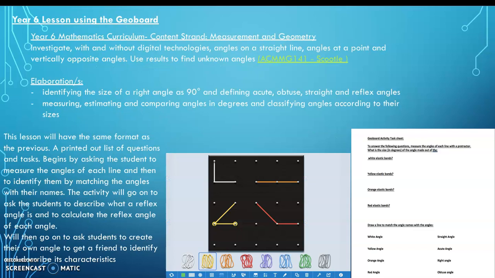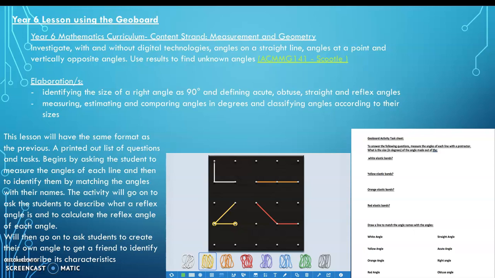For the Year 6 lesson, I also chose a task sheet. Instead, for this lesson, the students will be given a geoboard that has some already drawn up angles for them, and they will be asked to measure the angles and be able to match the angles to the correct labels.